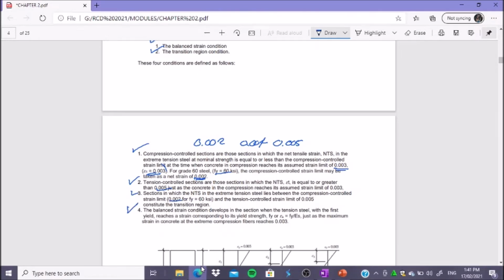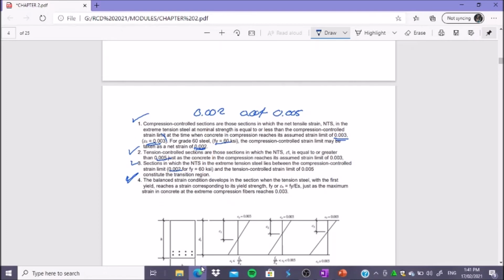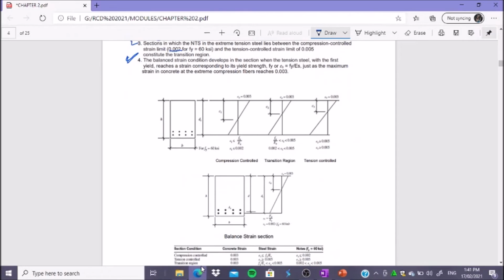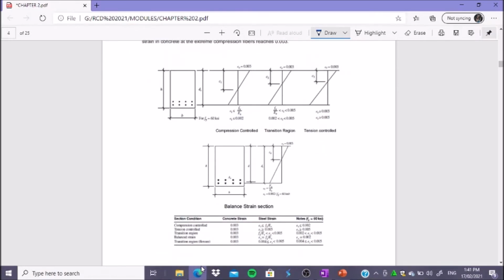So, generally, we will have four in NSCP 2001 and 2015: compression control, tension control, transition region, and the balanced strain. Now, this is just our illustration. I have already told you this. For balanced compression control, our strain is 0.002 for grade 60.